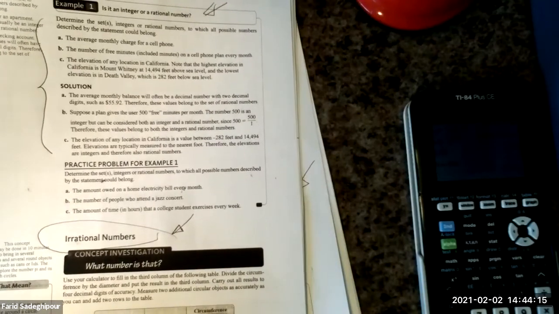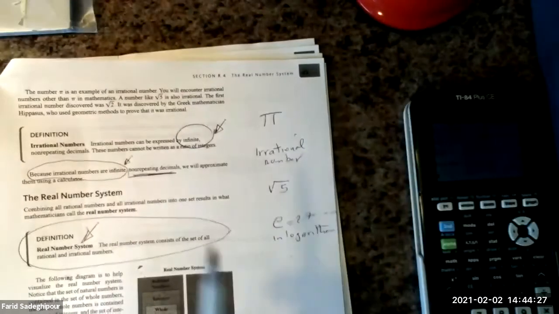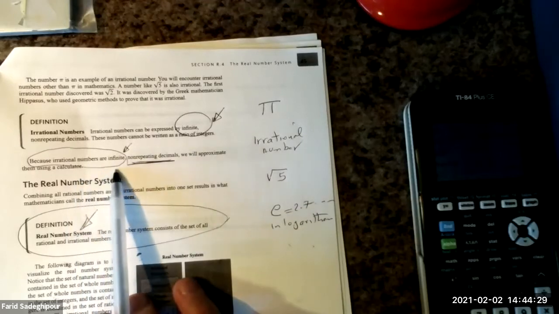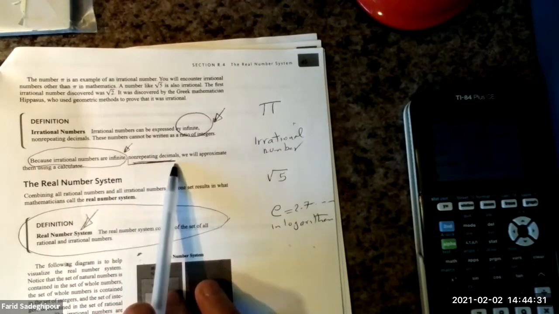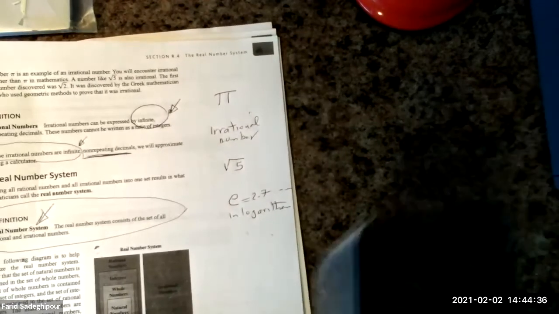Irrational numbers are infinite, non-repeating decimals, like pi. When you use your calculator to find pi, it's not just 3.14, it's a number that extends.